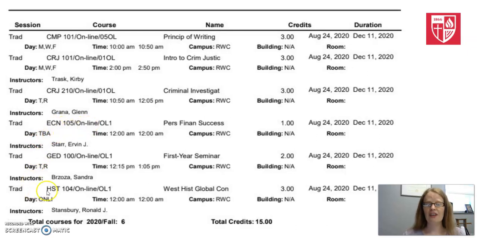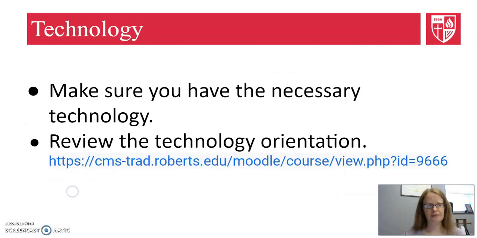ECN 105, History 104, those are examples of them. And again, you know that it is an asynchronous course because the time is listed 12 a.m., 12 a.m. So here's an example of one student's virtual schedule for the fall. Yours will look a little different, but it will have those components: synchronous online courses or asynchronous online courses.